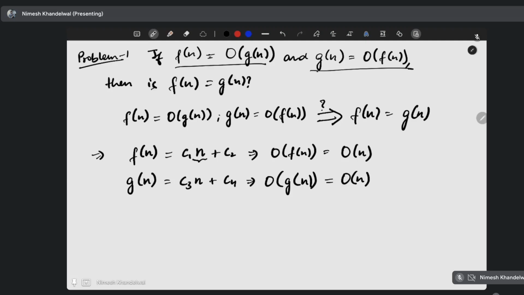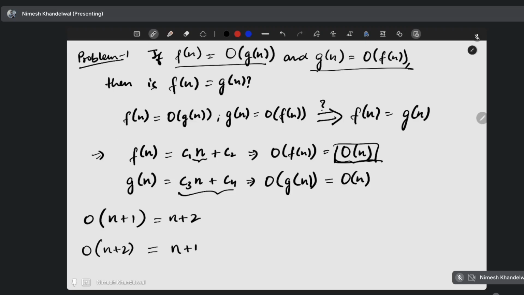Now this complexity can be written in any linear form that we know. So for example, the complexity of n plus 1 can be written as n plus 2, and the complexity of n plus 2 can be written as n plus 1, because basically this n is the primary variable here, the order or the degree of n.